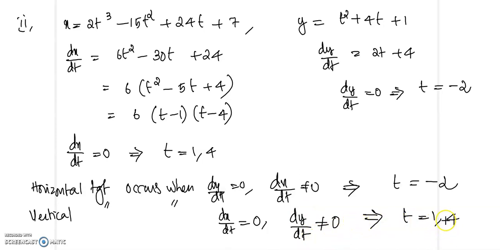So the values of t will be 1 and 4 for vertical tangent line, and for horizontal tangent line the value is equal to minus 2. So that's how we find the t values where the parametric curve has a horizontal tangent line or vertical tangent line.